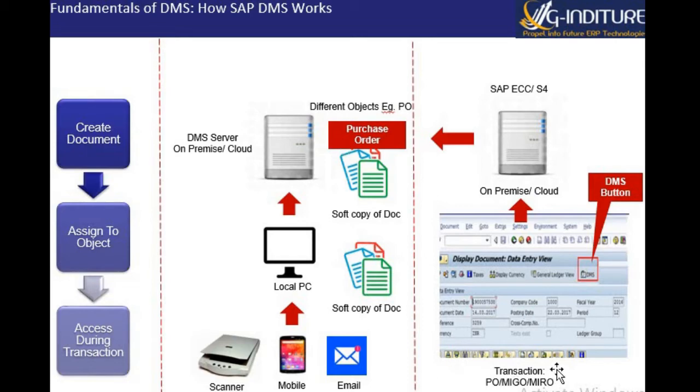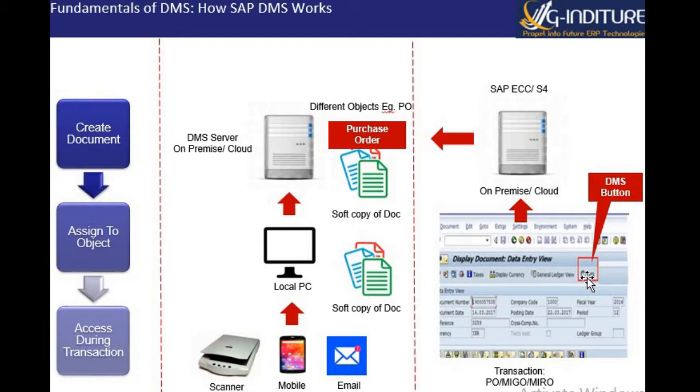Now here we see that during the transaction, that is ME23N, or at the time of MIGO or MIRO, if you want to access this document, then the DMS link is available. This is an additional tab which becomes activated when we activate SAP DMS. So during the transactions, this link is available to you.